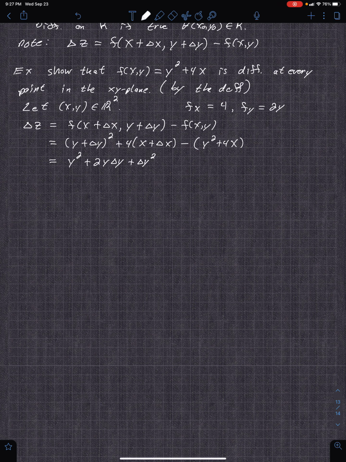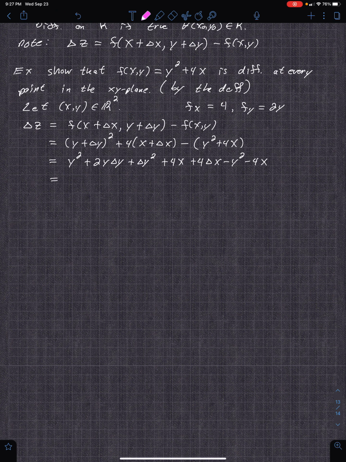And you treat the delta y as like one variable. It's like smashed together. You don't have to put parentheses and stuff. And then plus 4x plus 4 delta x minus y squared minus 4x. And so let's go around and simplify it.